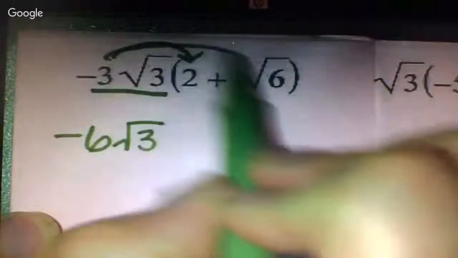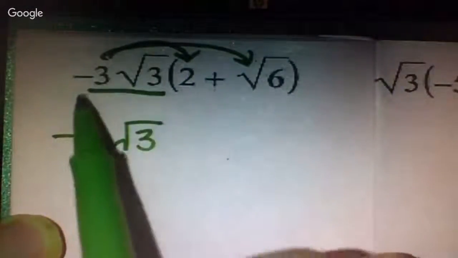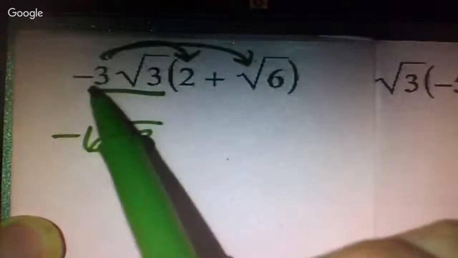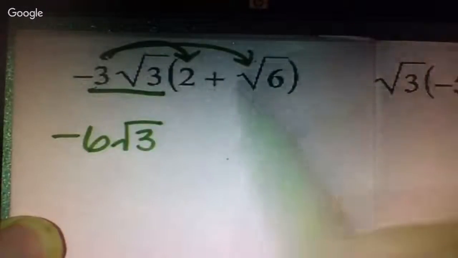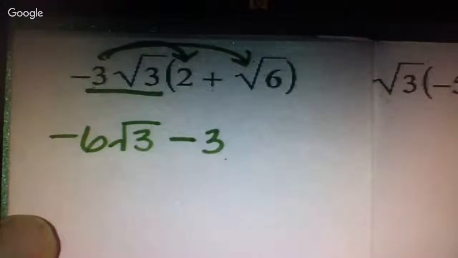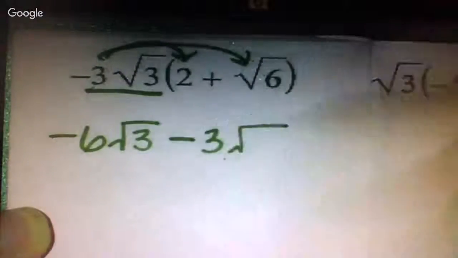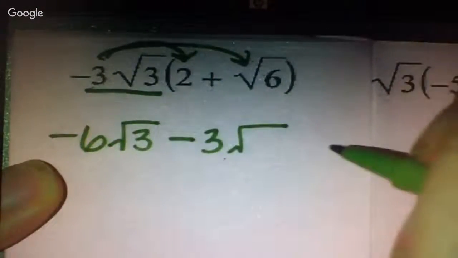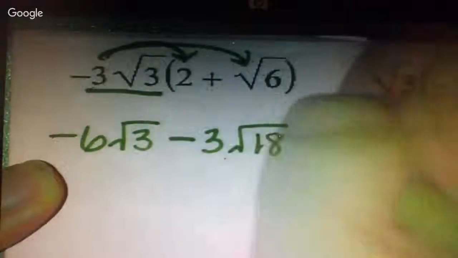Careful, because when I multiply here, this is -3 times 1, which makes this -3. You've got to multiply your coefficients first, and then square root of 18.